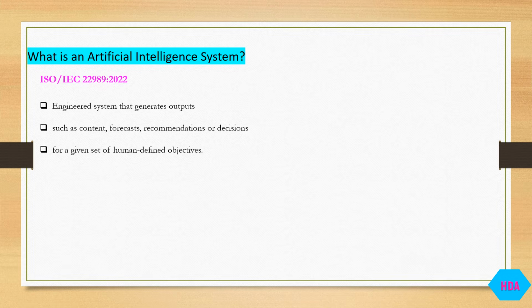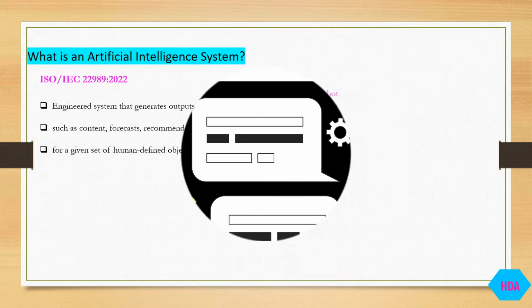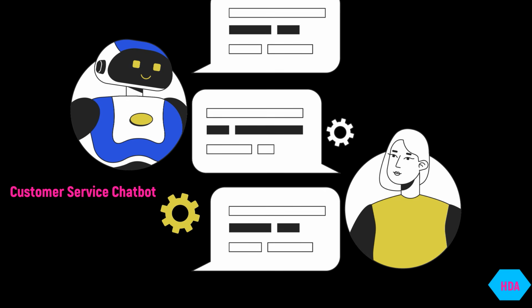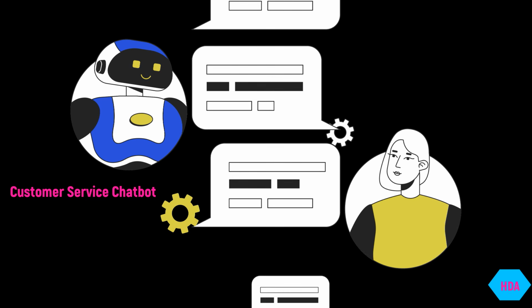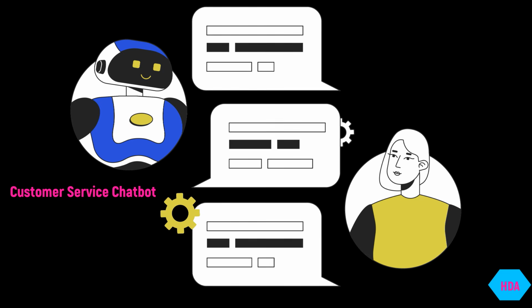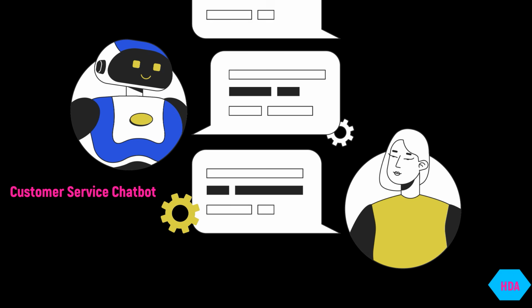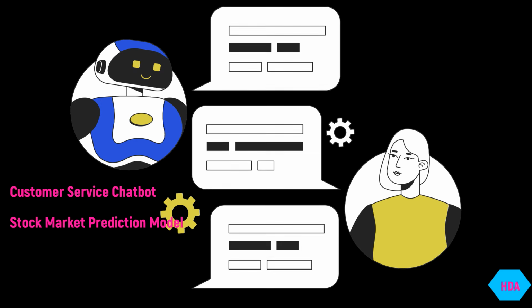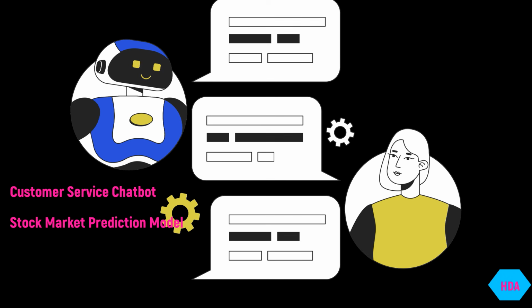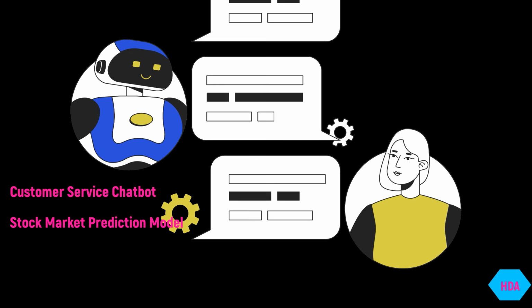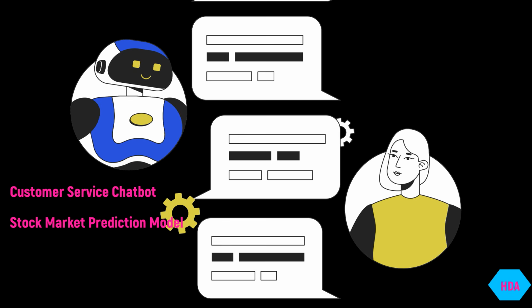Let us understand this with an example. A customer service chatbot that generates automated responses to user queries based on predefined knowledge and learning from past interactions. Another example can be a stock market prediction model that analyzes past trends and generates forecasts for stock prices.